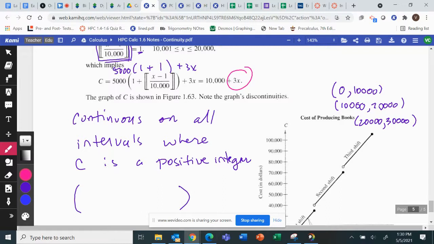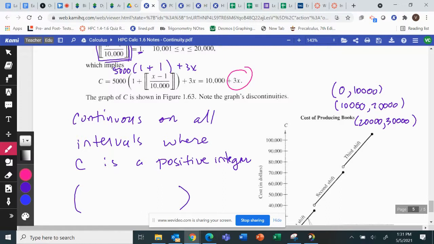But if we make fewer books, you don't have to pay as much for materials. So that 3x is a separate cost than just renting the machine and paying people. So there's the money to make it run, and then there's the money to pay for your materials. And that money to pay for the materials is what's making the line look slanted rather than horizontal, which is what we've only seen before.